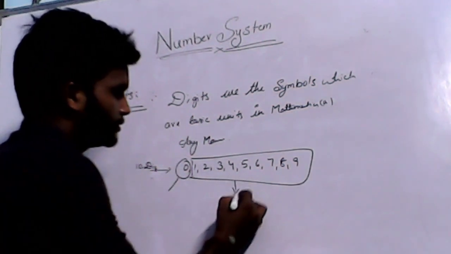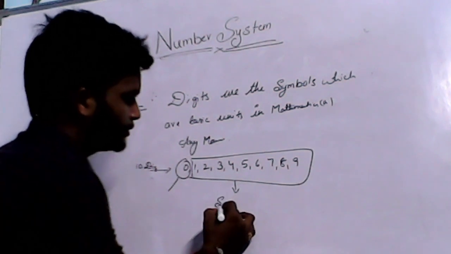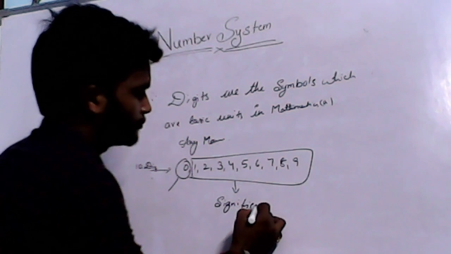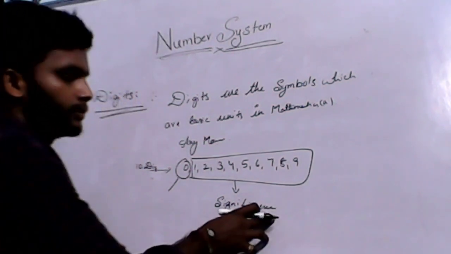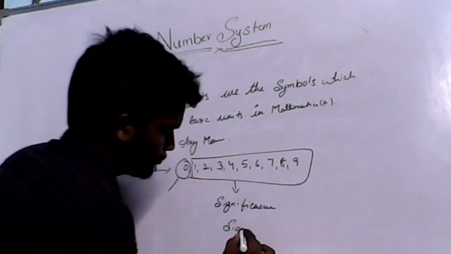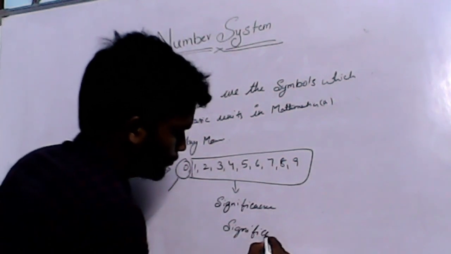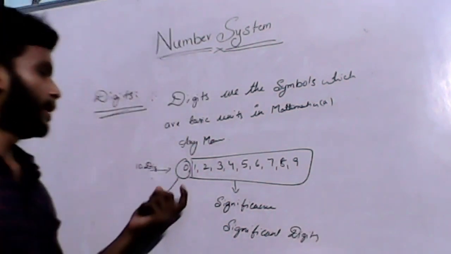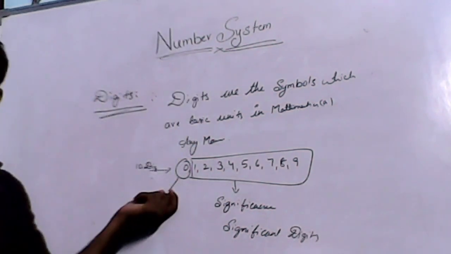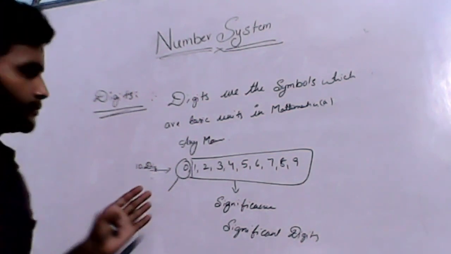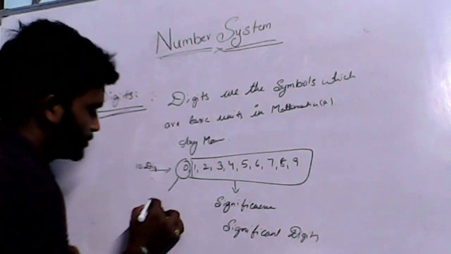So these digits have some significance in measurement. That's why they are called significant digits. While coming to 0, 0 has no value. So it has nothing. That's why it is called an insignificant digit.